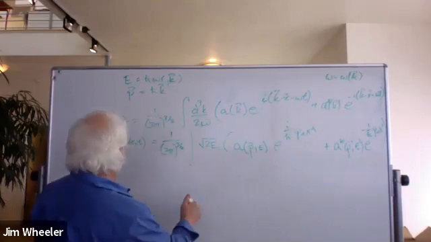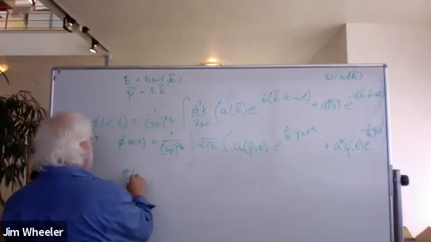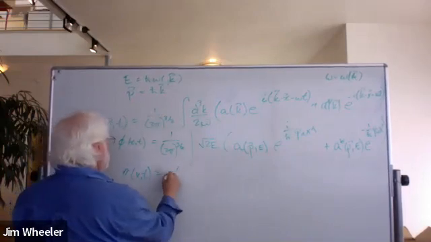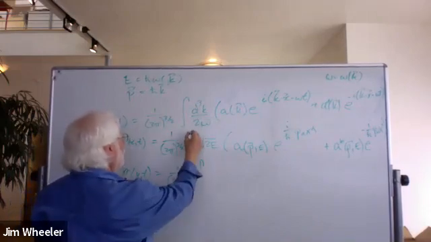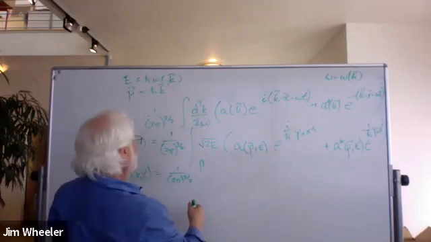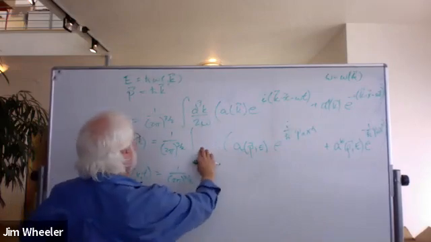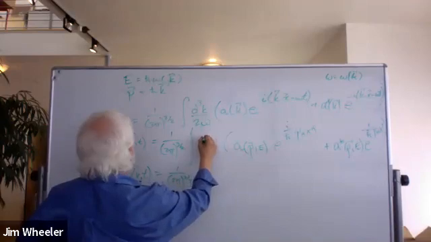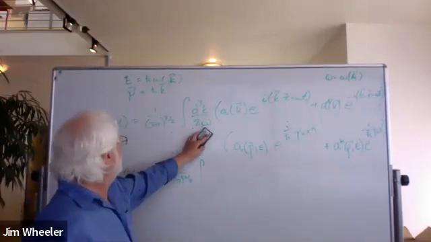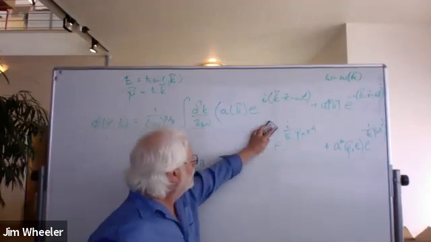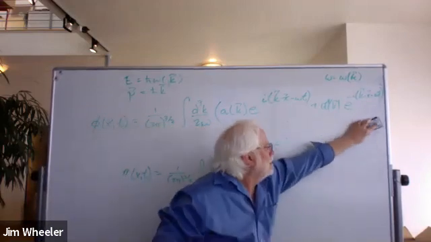So give me just a minute here. So pi of x and t is going to be the same sort of thing here, but let's see, this is, oh, I'm sorry, that's not right. d3k, oh, I was looking at the wrong one, sorry. That was right, but it wasn't what I meant to be copying.